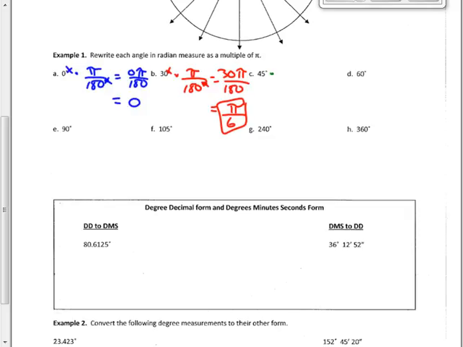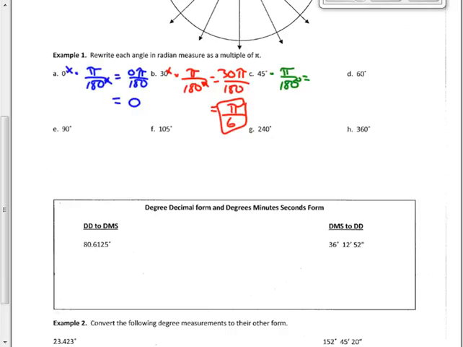For C, I'm going to multiply by pi over 180. So if you don't remember what these degree measurements are, you can convert them, degrees, into radians, or vice versa. You can convert the radians into degrees if you needed to as well.